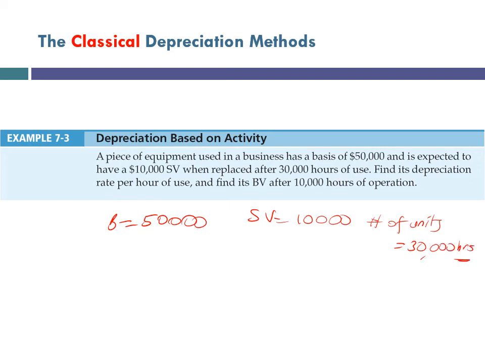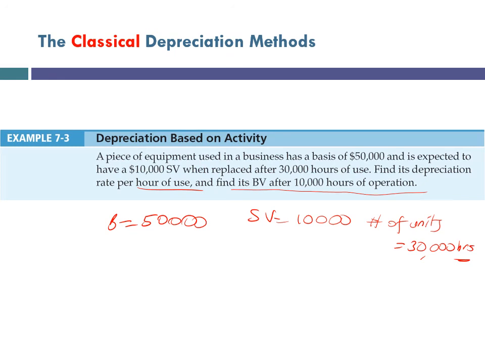This number of units can be kilometers, hours, or a number of products. It can be different depending on the property, the asset. And it says to find its depreciation rate per hour of use and find its book value after 10,000 hours of use operation.